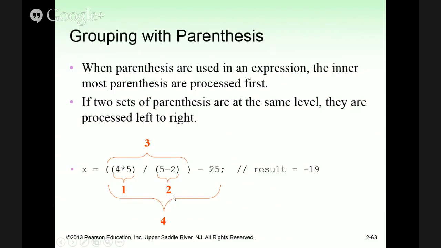What's 20 divided by 3? In terms of integer division? 6. That's correct. So then we would do 6 minus 25, and that would give us -19 for the answer. So that's how that works.